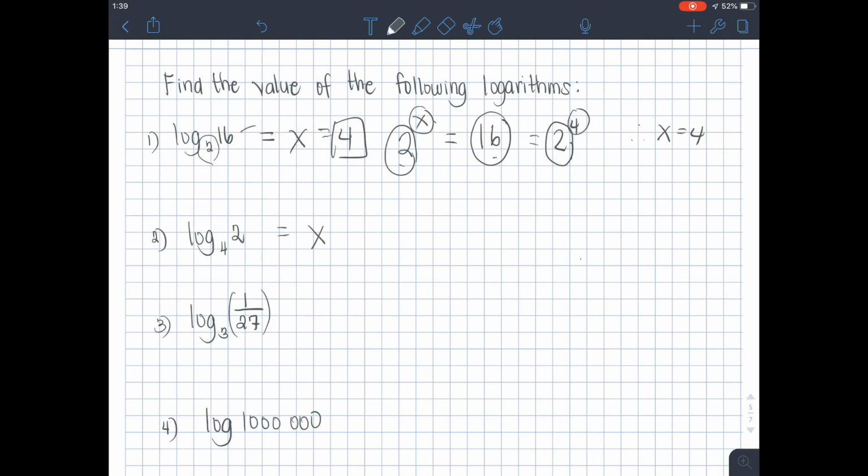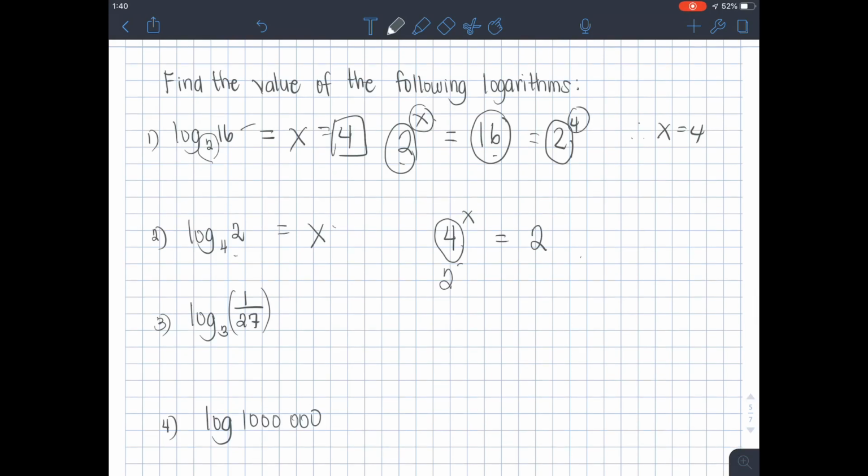So, equate muna natin sa x and then convert nyo into exponential form. So, we have base ng 4 and then exponent ng x is equal to 2. Okay? So, ngayon, pwede nating i-convert dito yung 4, gawin nating base na 2. So, magiging 2 squared quantity raised to x, equal sa 2 raised to 1.